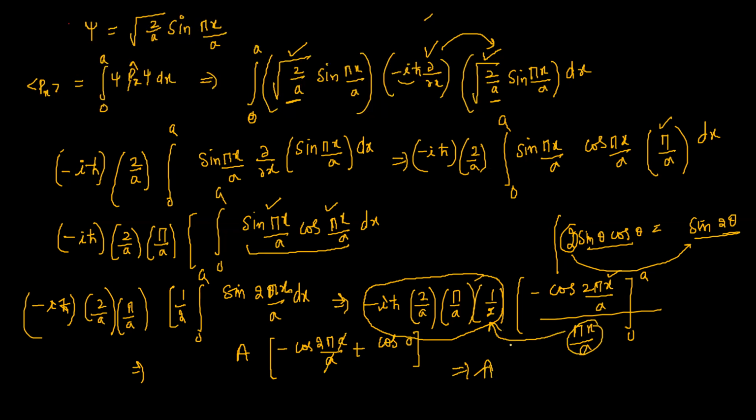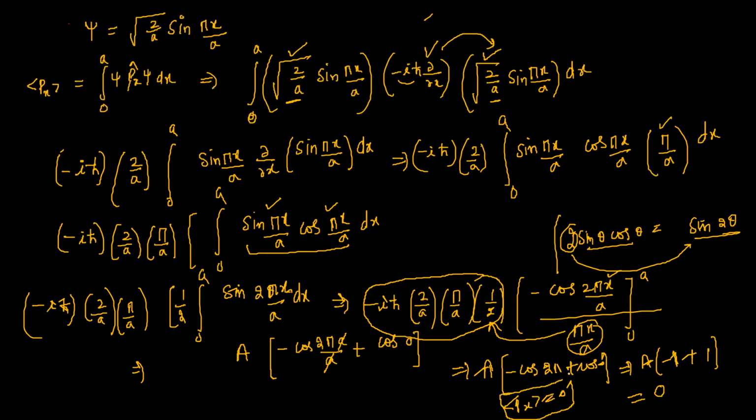Okay, so this A represents this whole term. So here I am left with minus cos 2 pi plus cos 0. You know, cos 2 pi is 1, and cos 0 is also 1. So the whole answer is 0. Minus 1 plus 1 is 0.